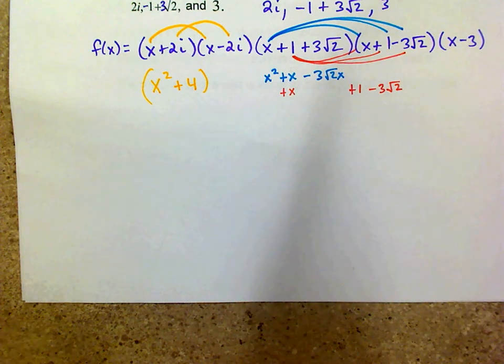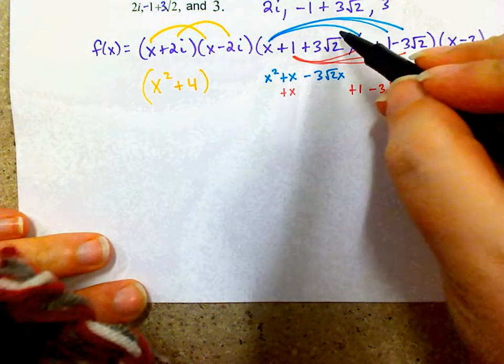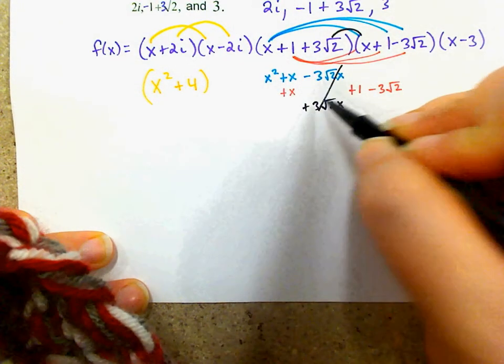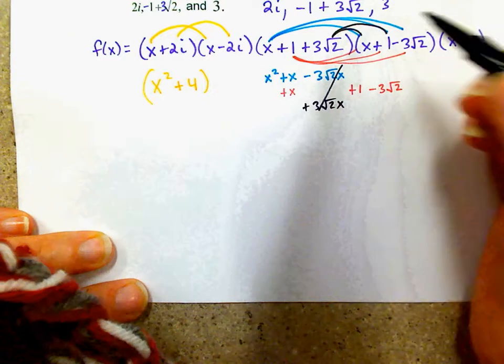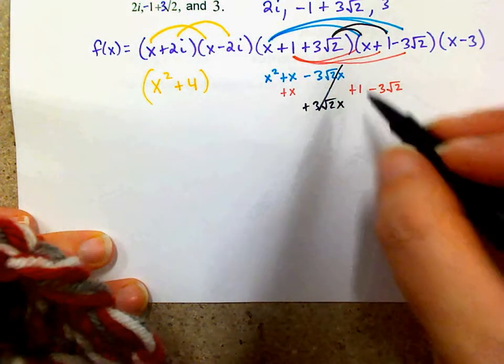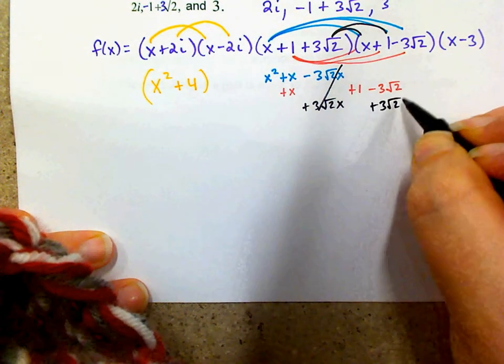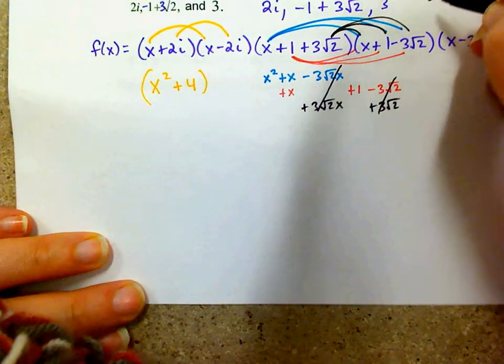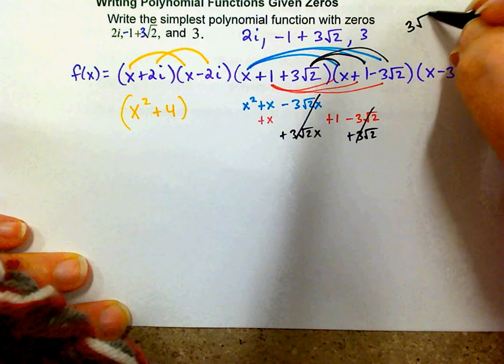So 3 square roots of 2x is a positive 3 square roots of 2x, which cancels out. 3 square roots of 2 times 1 is a positive 3 square roots of 2, which cancels out. And then I've got a positive 3 square roots of 2 times a negative 3 square roots of 2, right here, that one times that one.